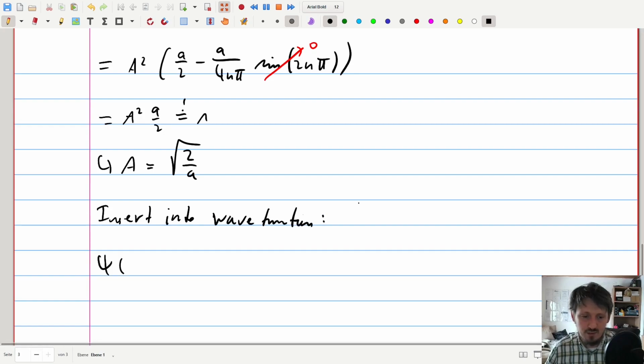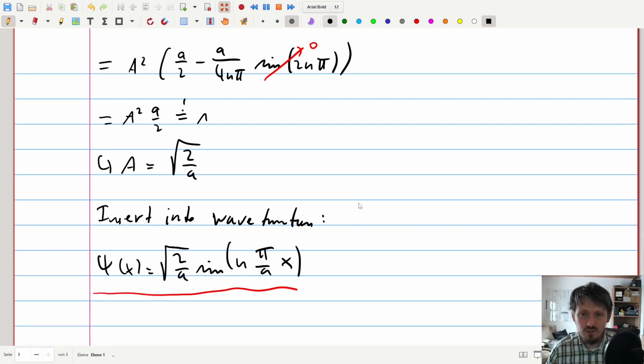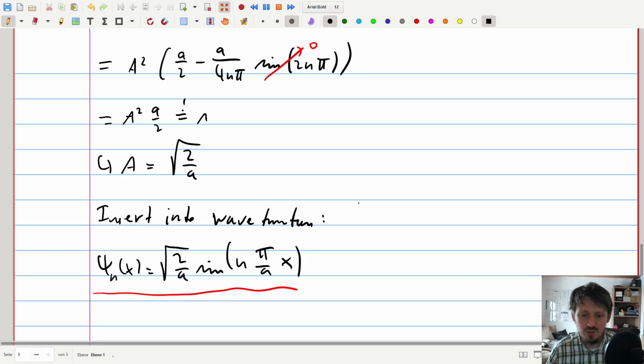And this gives then psi of x equal to the square root of 2 divided by a sine n pi over a x. Yeah, and this is then the result for our wave function. So this is how the wave function looks like. We can also write psi n, because it depends mainly on the state n.